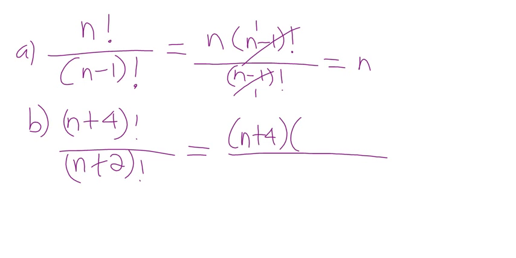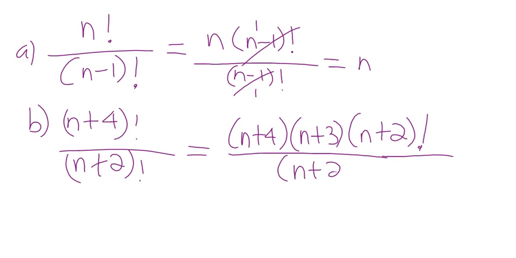What's the next smaller thing? N plus 3. Do I want to stop there? No. What's the next smaller thing? N plus 2. Am I done yet? Yeah. So when you want to stop writing out the expansion of a factorial, just throw down a factorial symbol. Why do we stop there? Because those guys are equal. And it's n plus 4 times n plus 3.